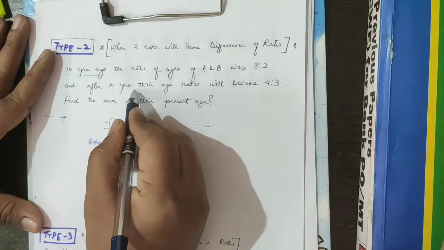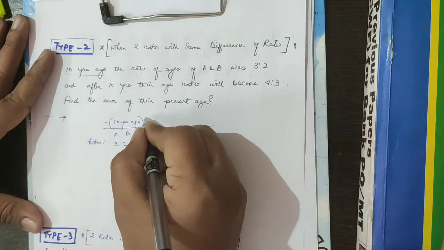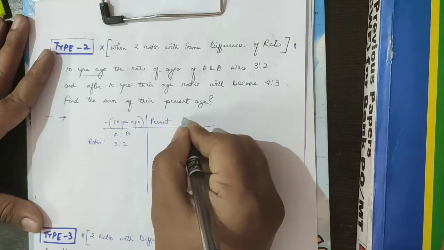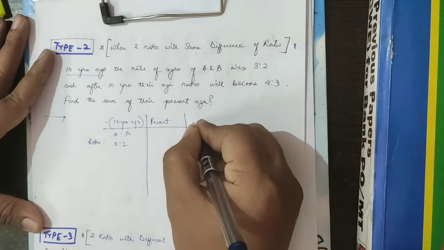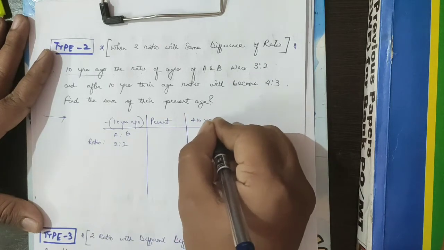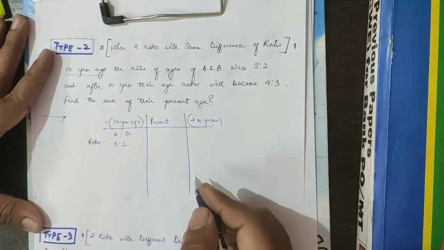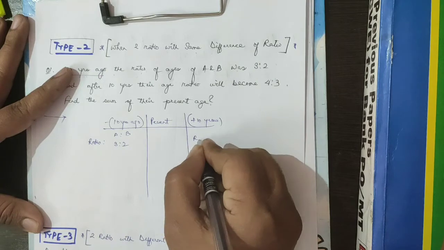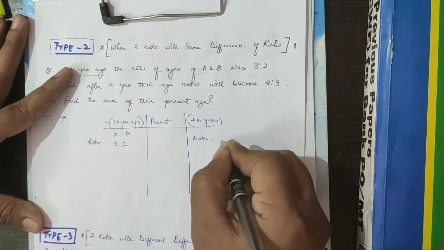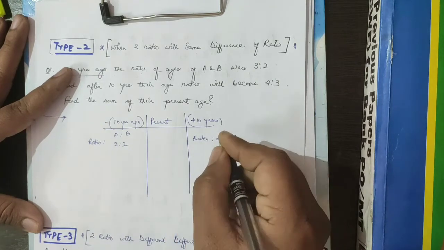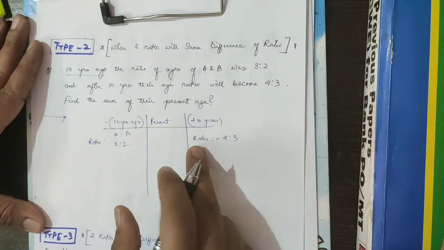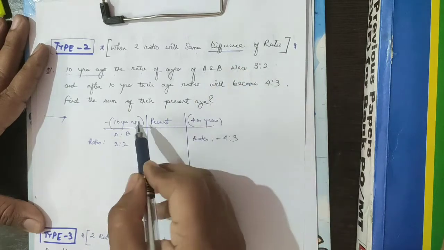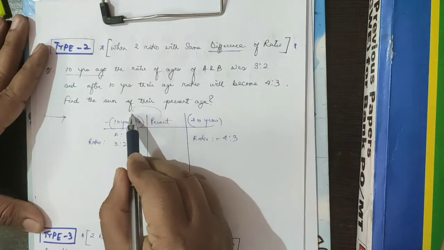And after 10 years the ratio will become 4:3, and in between is the present.